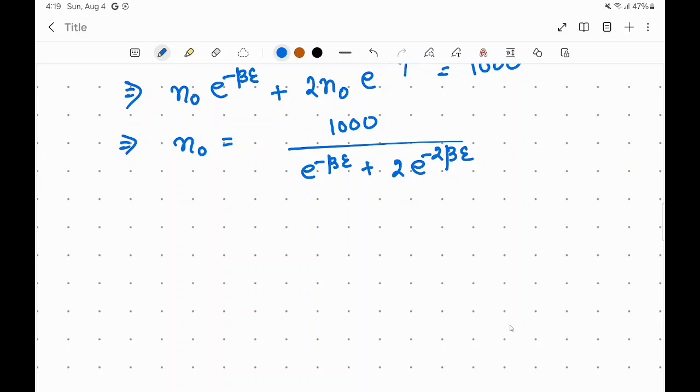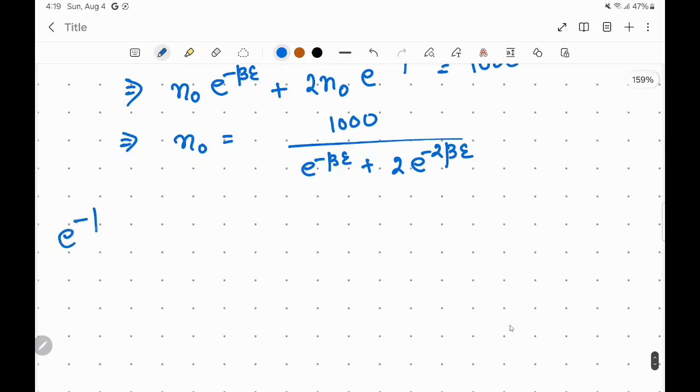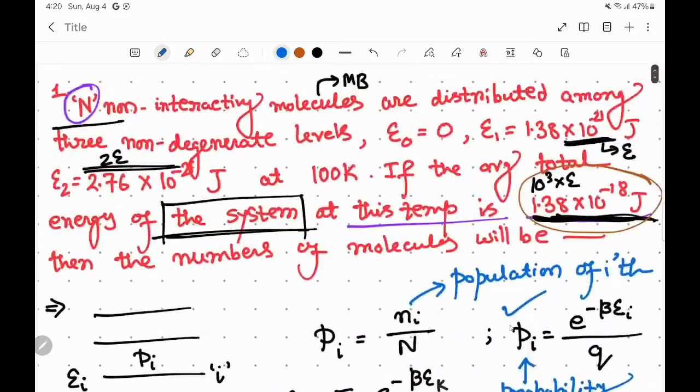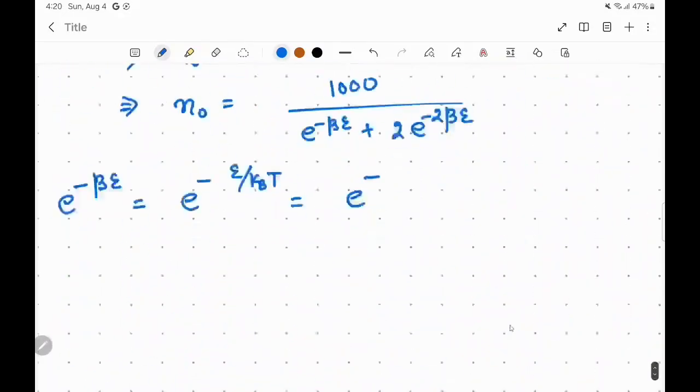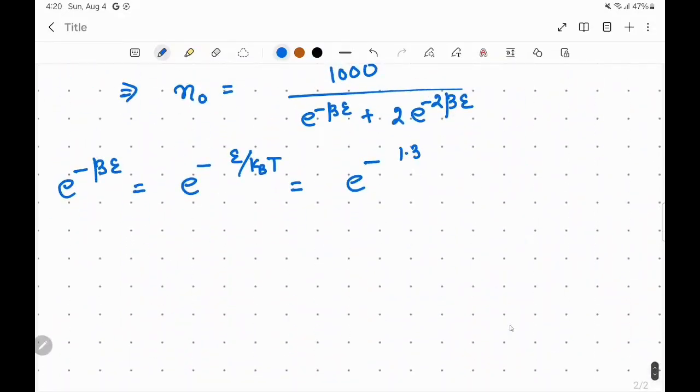How we can calculate that? We know beta is 1 by kbT. So e to the power minus beta epsilon, what will be the value? E to the power minus epsilon by kbT. And epsilon is given as 1.38 into 10 to the power minus 21 joule.